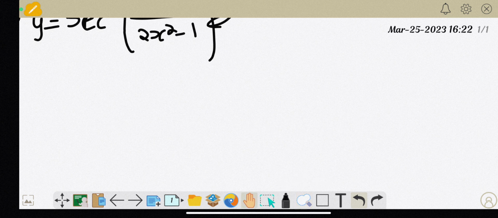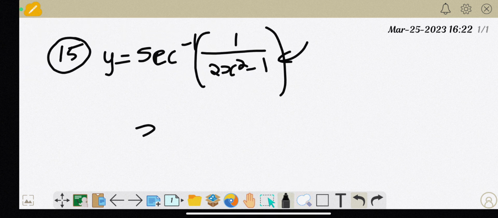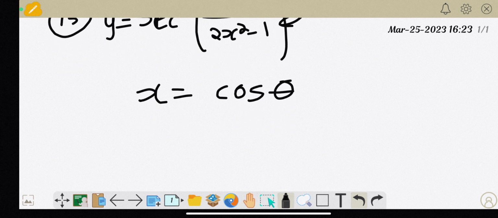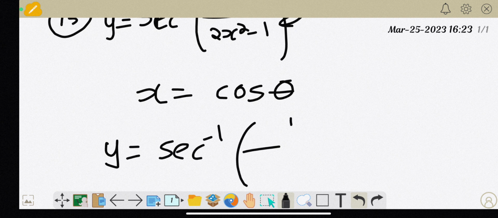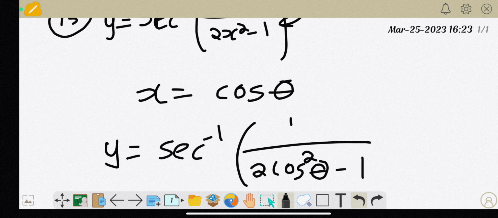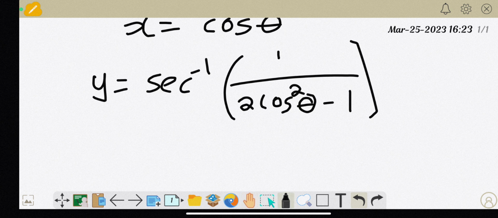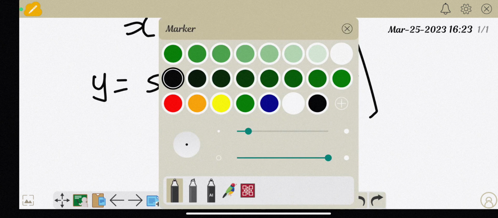Okay, so here we'll substitute x is equal to cos theta. Whenever you substitute it, what is there in the denominator resembles the cos 2 theta formula, correct?